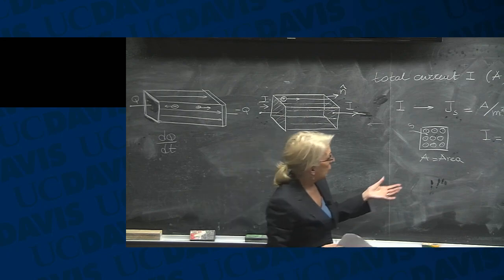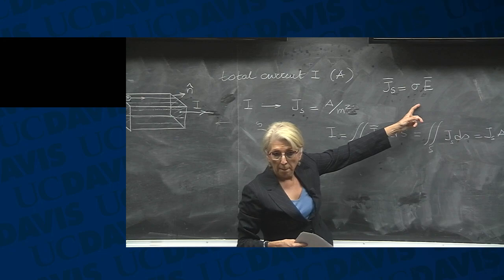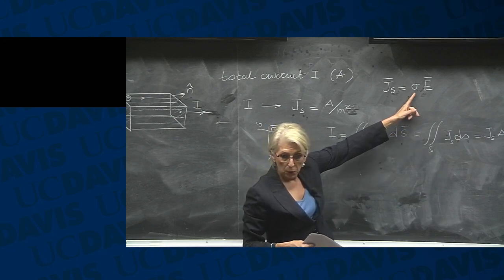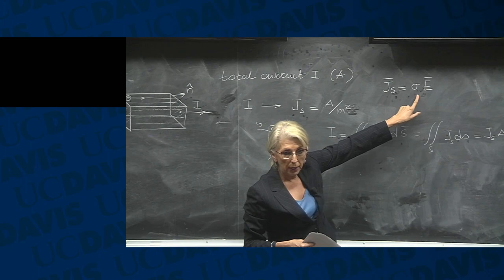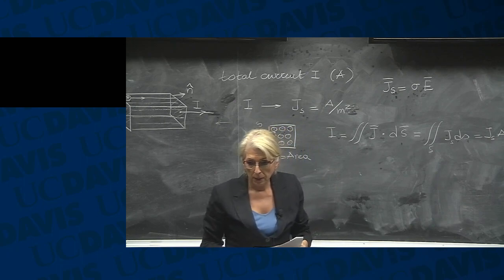So it makes sense for these two to be parallel, and of course their value changes. So the value of the surface current density is proportional to the electric field intensity by this parameter sigma, which we call the conductivity of the medium.